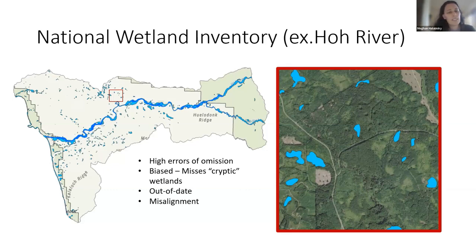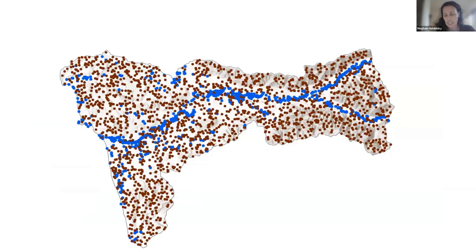But when we want to use the NWI with other remote sensing data sets that are more spatially aligned, that misalignment causes a huge headache and really limits our ability to build this Earth observation toolkit with other remote sensing data sets. So I just want to point out that the misalignment is actually a big deal, and even more of a big deal in Eastern Washington, where we have more misalignment.